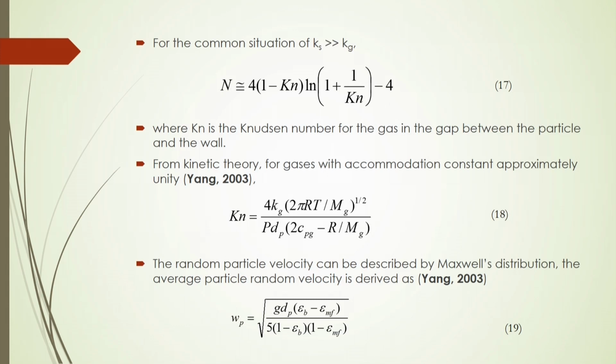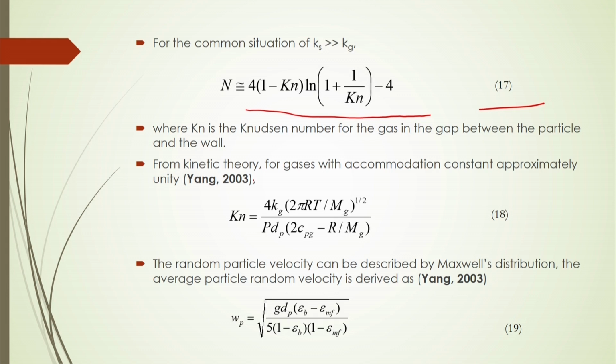For the common situation where the thermal conductivity of the solid is greater than the thermal conductivity of the gas, this Nusselt number can be related to the Knudsen number for the gas in the gap between the particles and the wall, which is denoted by equation number 17 here.